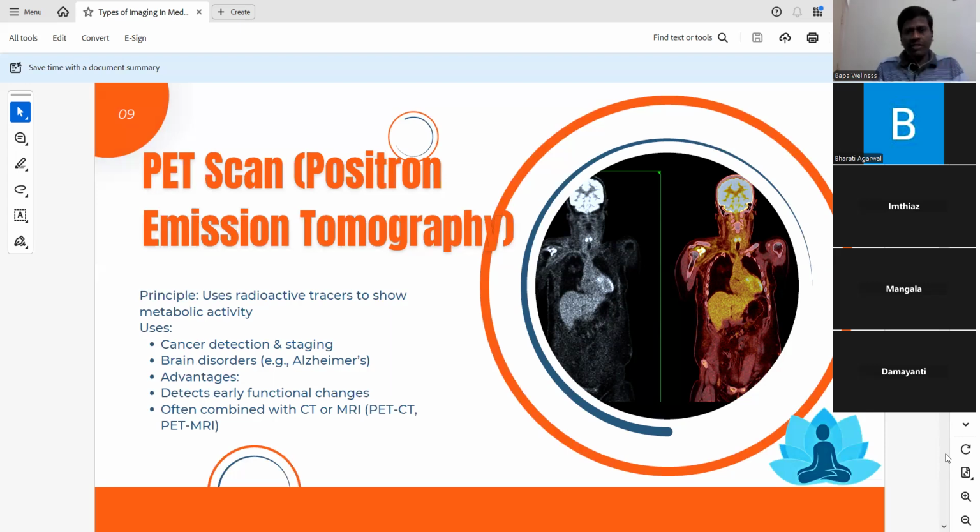So positron emission tomography is mainly used to detect and also for the staging, the level of metastasis of the cancer.